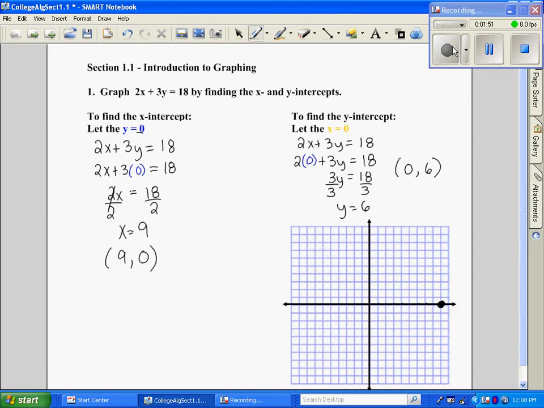And for the y-intercept, you're going to go 0 units left or right and then 6 units up. Then we're going to draw a line through those 2 points. And that is a graph, a sketch of your 2x plus 3y equals 18.